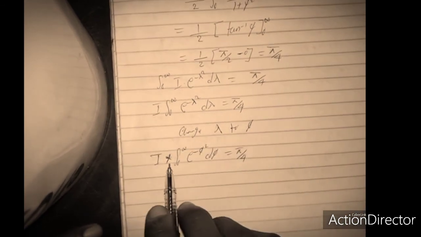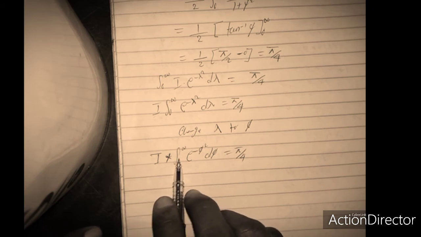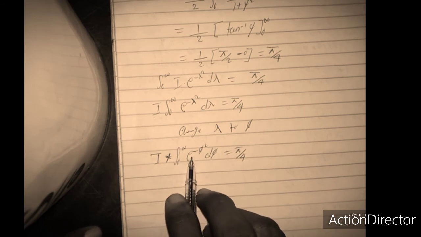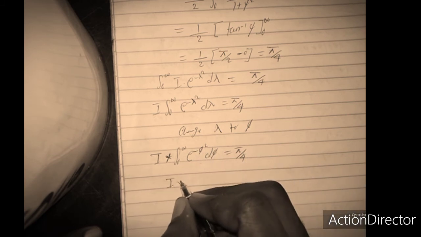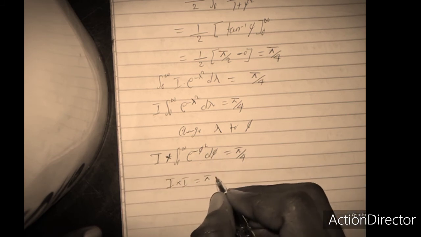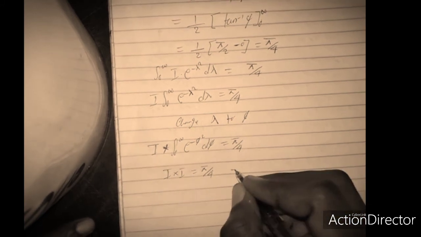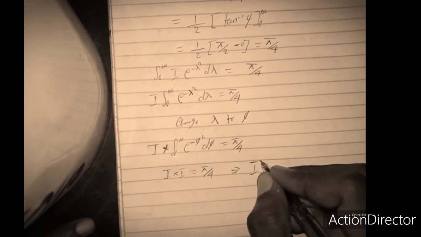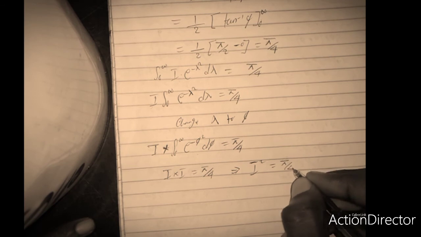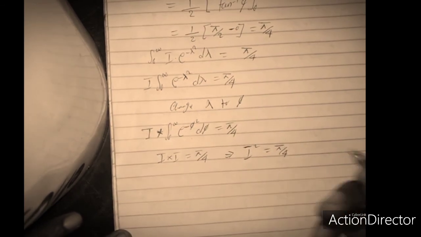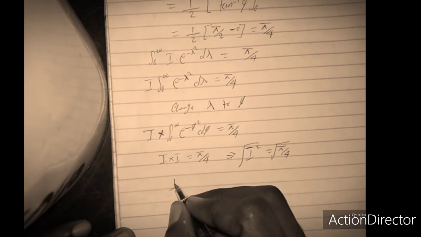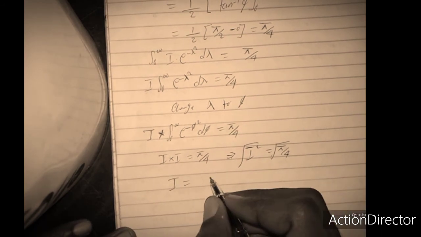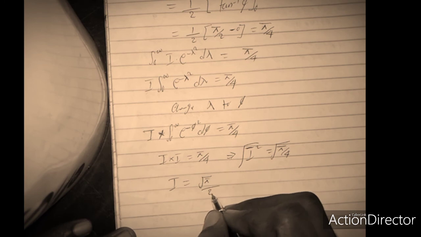If you recall, we said let I be integral 0 to infinity e minus phi squared d phi. So this is still the same thing as I. So I have I times I equals pi by 4, which implies that I squared equals pi by 4. Now if I want to get I, I take the square root of both sides. Then I have I equals square root of pi over 2.